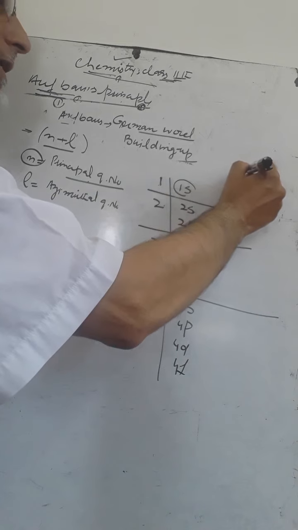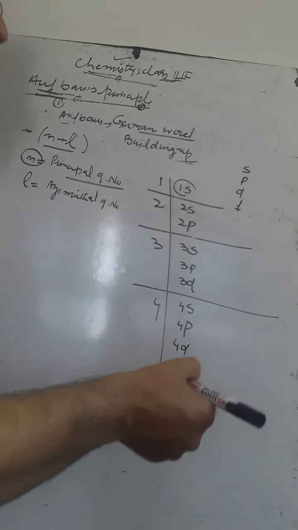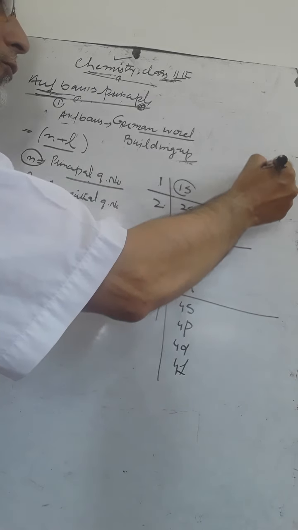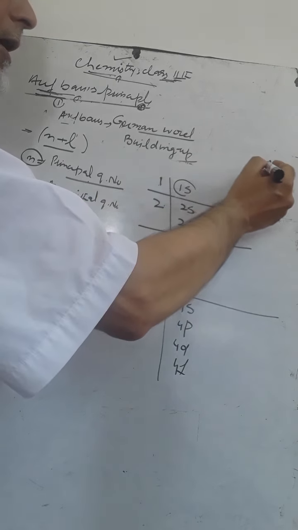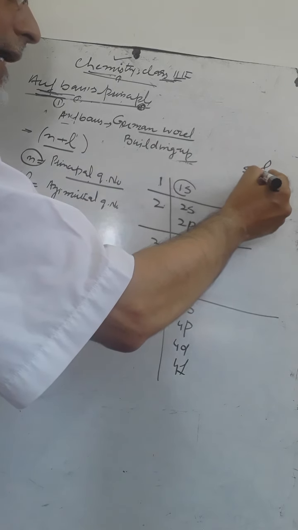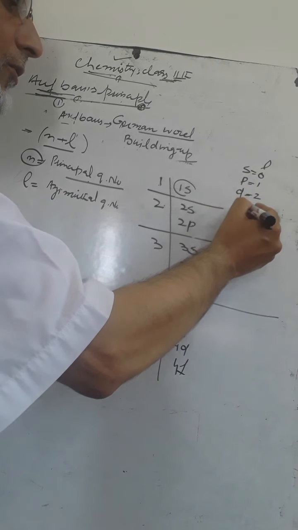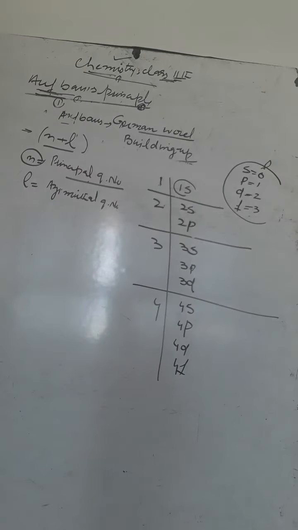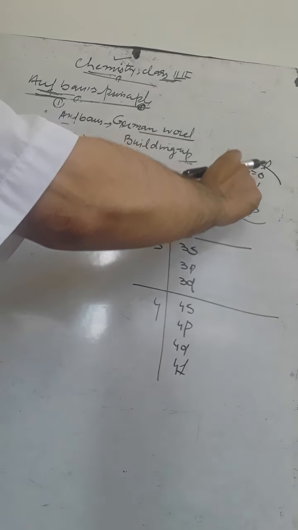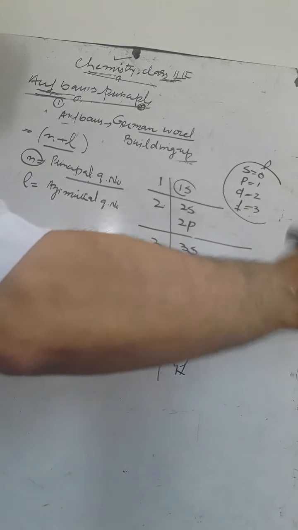We have different subshells s, p, d, f, and as we derived in quantum numbers, the value of l for s is 0, for p it is 1, for d it is 2, for f it is 3. We should know this, isn't it? The values of the azimuthal quantum number for s, p, d, f are 0, 1, 2, 3 respectively.